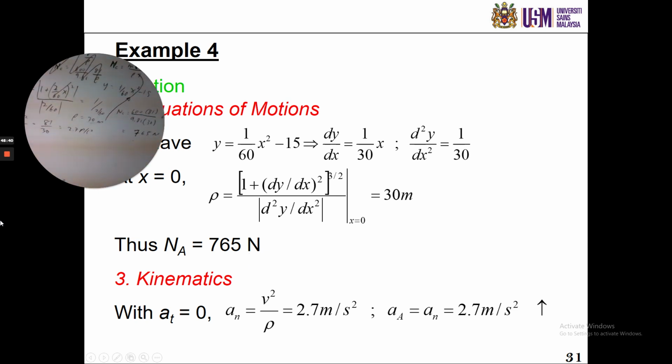Okay, right here, that's what we got. And then using kinematics, the acceleration an equals v squared divided by rho, because at equals 0, and we get 2.7 meter per second squared. Since at is 0, the total acceleration at that point A is 2.7 meter per second squared.